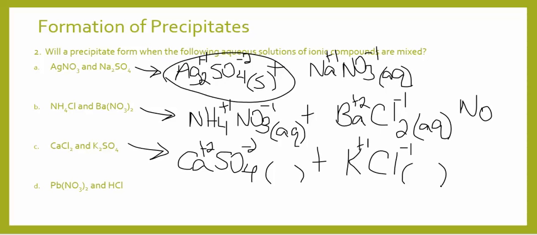CaSO4, that's a sulfate salt. Sulfate salts are soluble, but calcium is an exception. So this is insoluble. It does form a solid. Anything with an alkali metal is aqueous. Potassium is an alkali metal. It's group 1A, so that's aqueous. So will a solid form? Yes. Calcium sulfate.